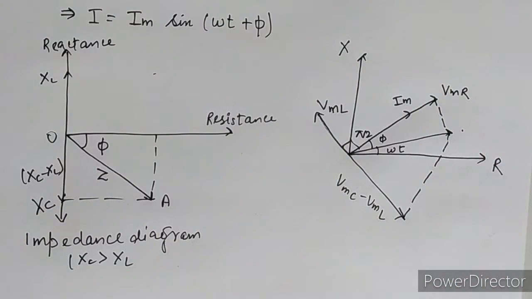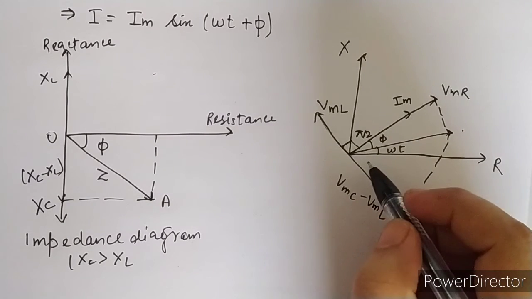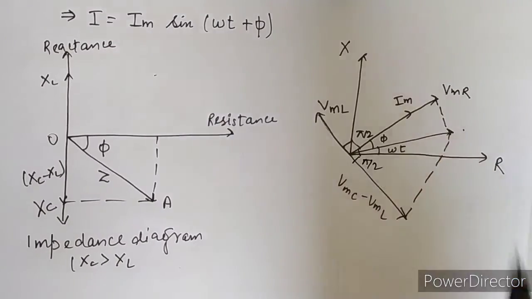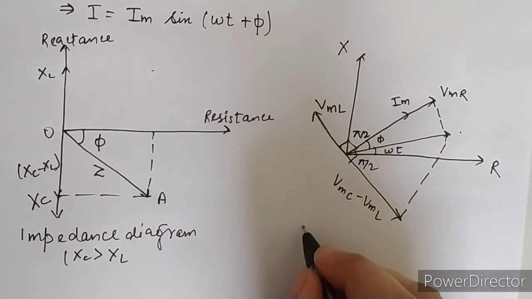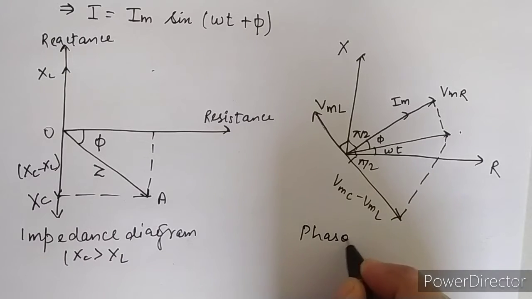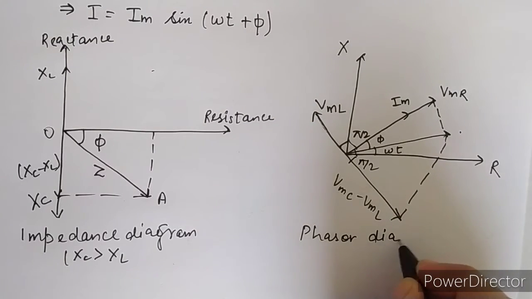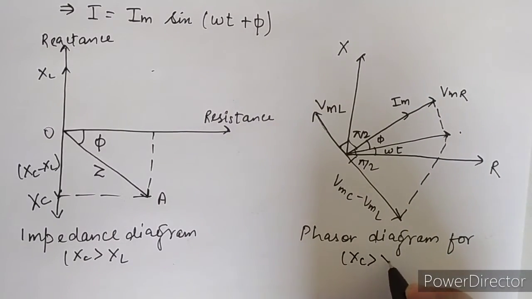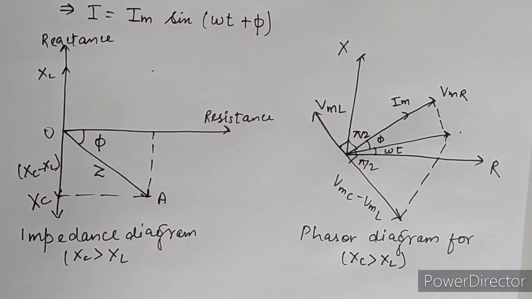Okay, so this is your impedance diagram. From here also it was making an angle of pi by 2. So this is the phasor diagram, and for the same condition, XC is greater than XL.